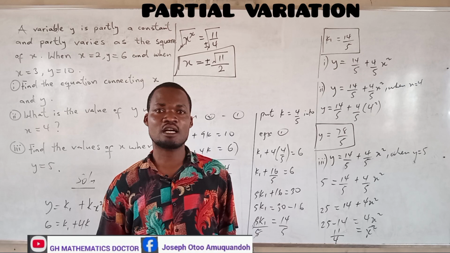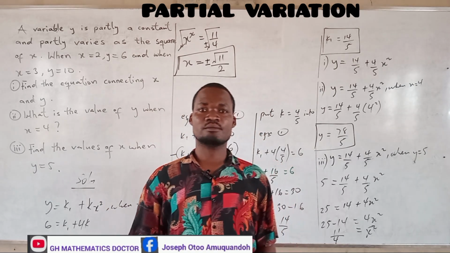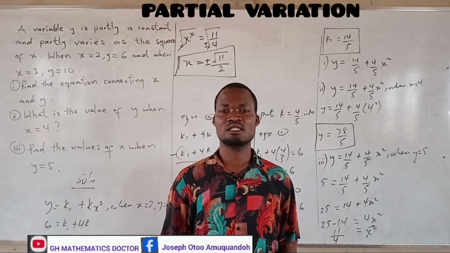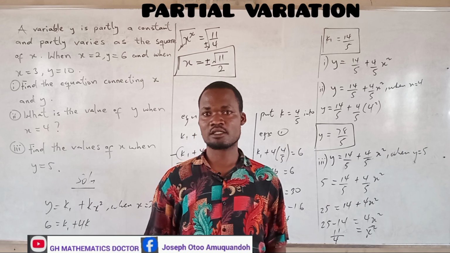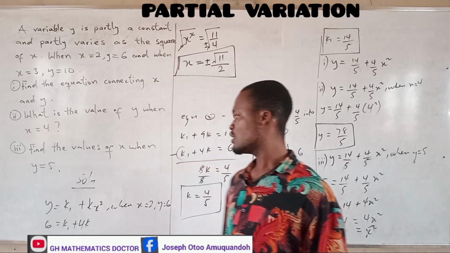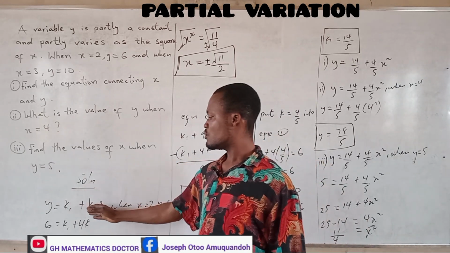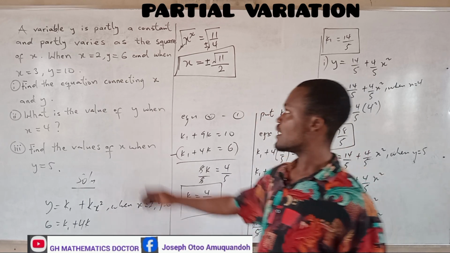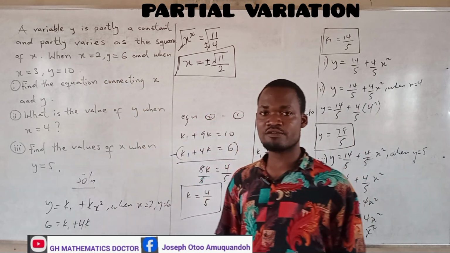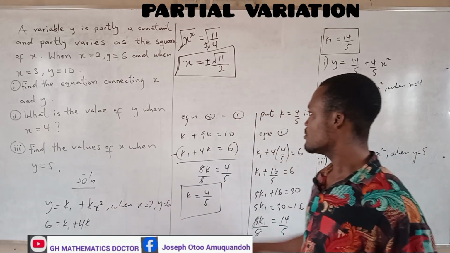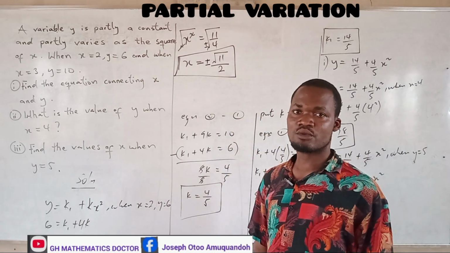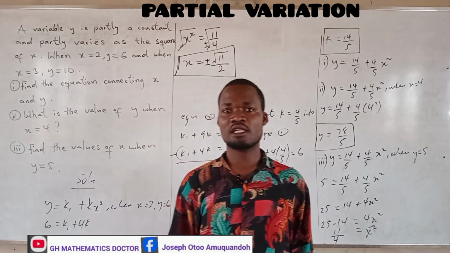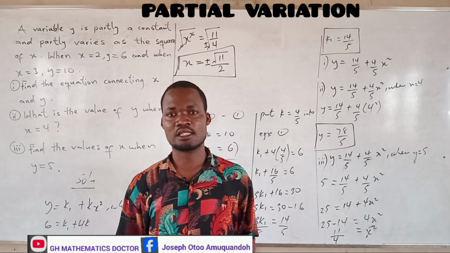In every partial variation question, these are some of the answers that you will always get. And what you must know is that whenever the two constants are given in the expressions, you are supposed to apply the substitution values in place of the variables to get two equations, and you solve the equations simultaneously to get the values of the two constants.